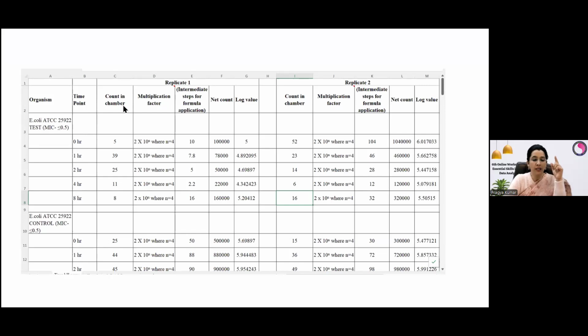Count in chamber at 0 hour, multiplication factor at 0 hour, net count at 0 hour, log value at 0 hour. Then again, the same thing will be repeated for 1 hour: count in number in 1 hour, multiplication factor in 1 hour. Similarly for 2 hour, because you need to identify the variable, right? So each time point is one variable.